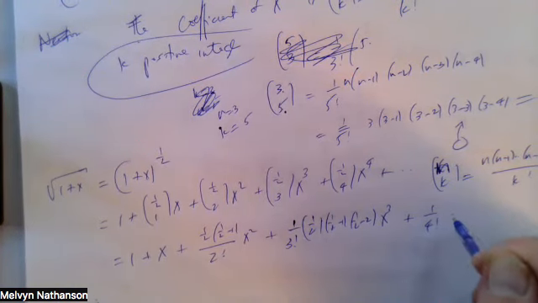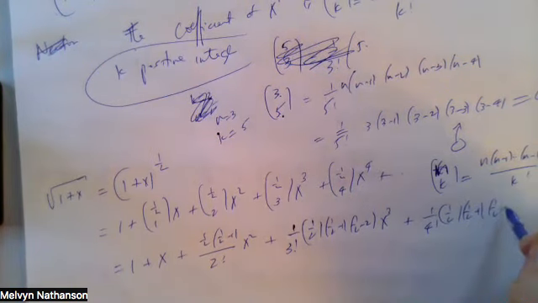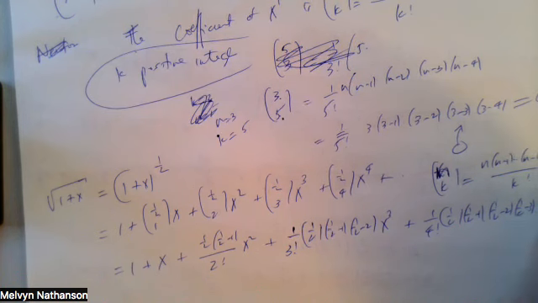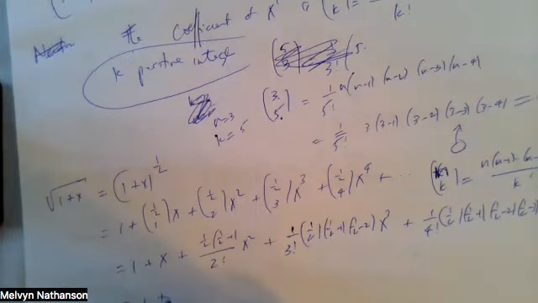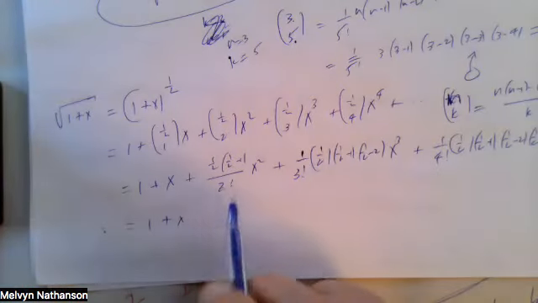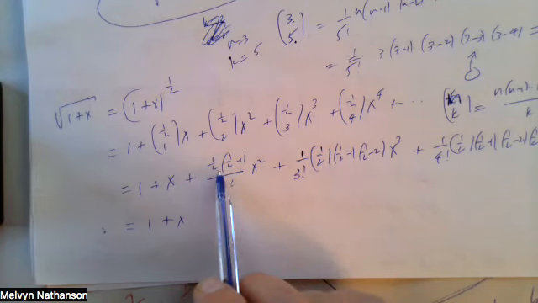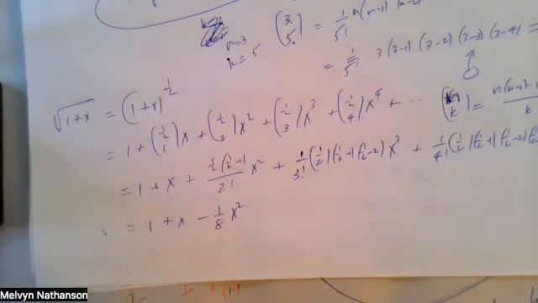Plus 1 over 4 factorial, a half, a half minus 1, a half minus 2, a half minus 3, x to the fourth, and so forth. What are these numbers that we get? 1 plus x over 2. A half times a half minus 1 is minus a fourth, over 2, minus an eighth x squared.